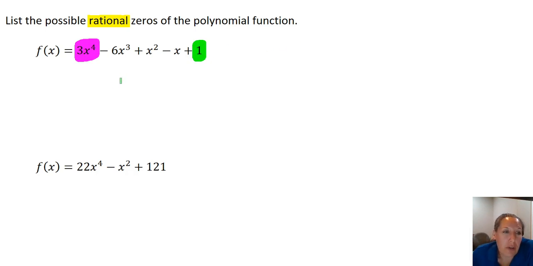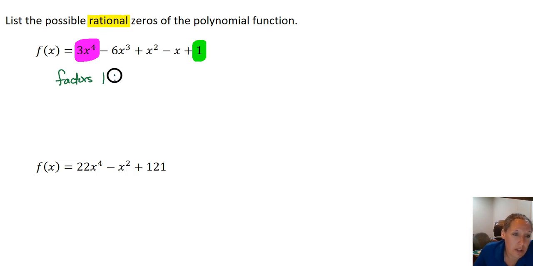So we have the polynomial f of x equals 3x to the fourth minus 6x cubed plus x squared minus x plus 1. But we are only interested in that 3x to the fourth out front and that 1 at the end. So we're going to look for factors of that constant, in this case the 1 on the end.